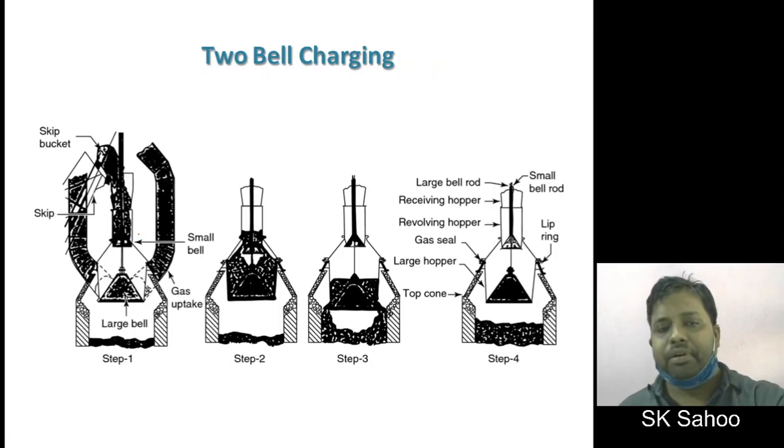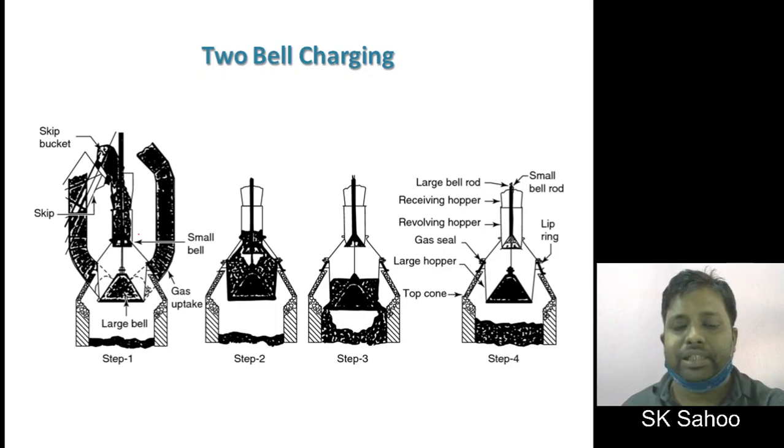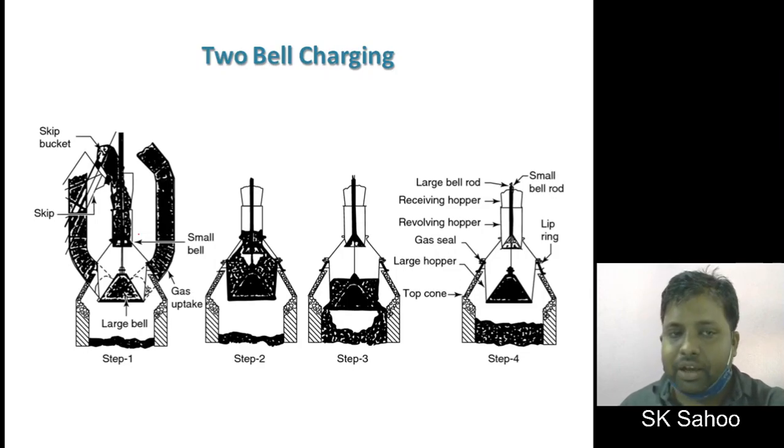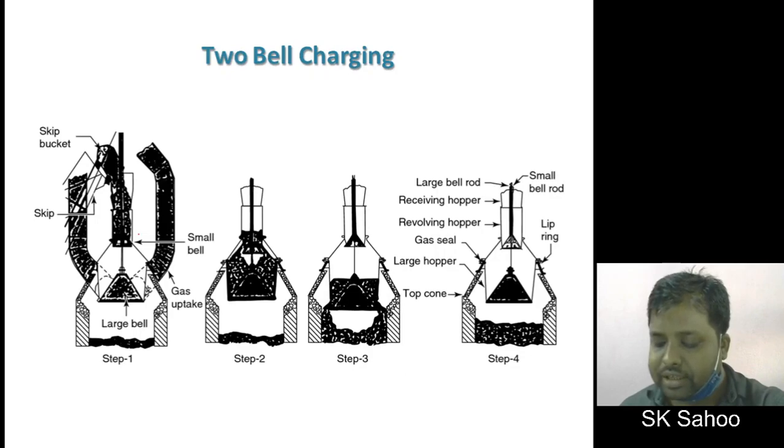As we have discussed, we have two types of charging system. One is your bell charging system, another is your bell-less charging system. In bell charging system, the figure is given for the two bell charging system. In bell charging, there are two bells. One is your big bell, another is your small bell.